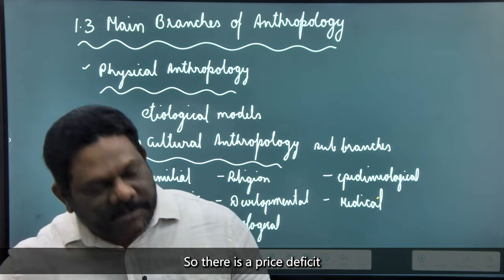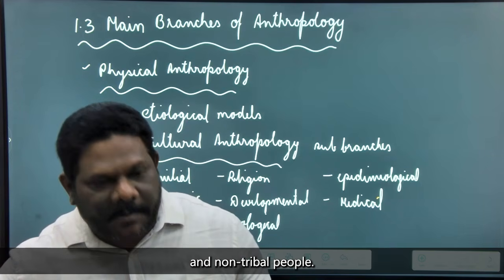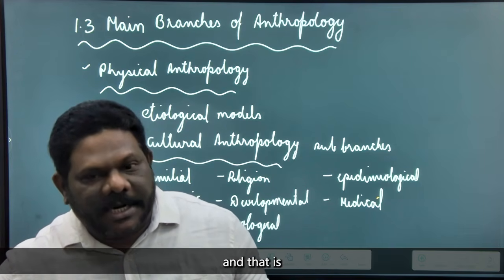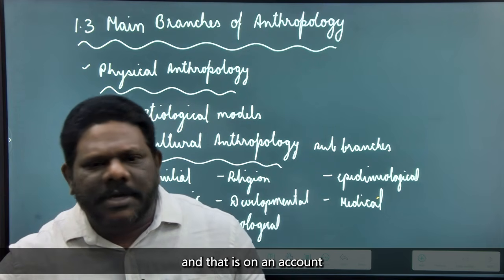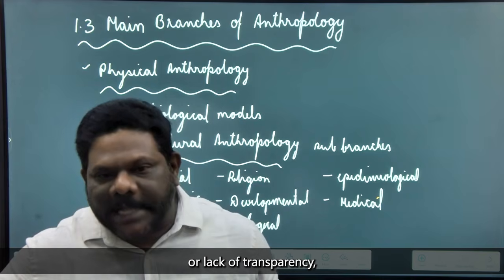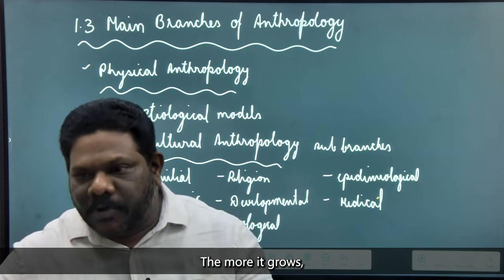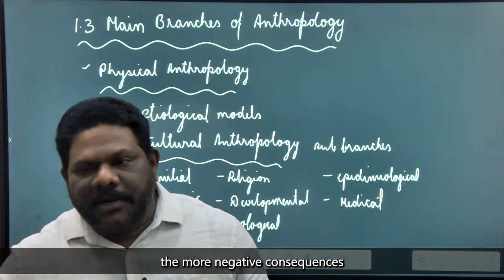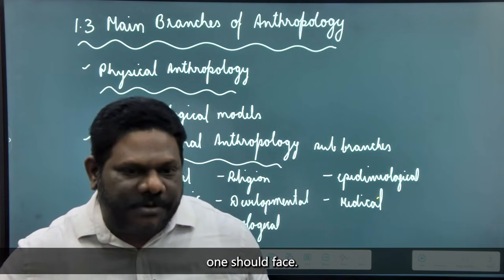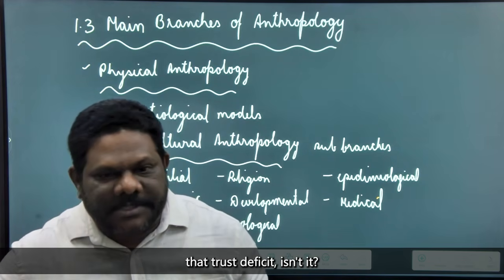There is a trust deficit between rural people and urban people, between tribal people and non-tribal people. Everywhere there is a trust deficit, and that is increasing day by day. It is because of lack of accountability or lack of transparency, isn't it? As a result, there is a growing trust deficit. The more it grows, the more negative consequences one should face, isn't it? So particularly this will help to bridge that trust deficit.